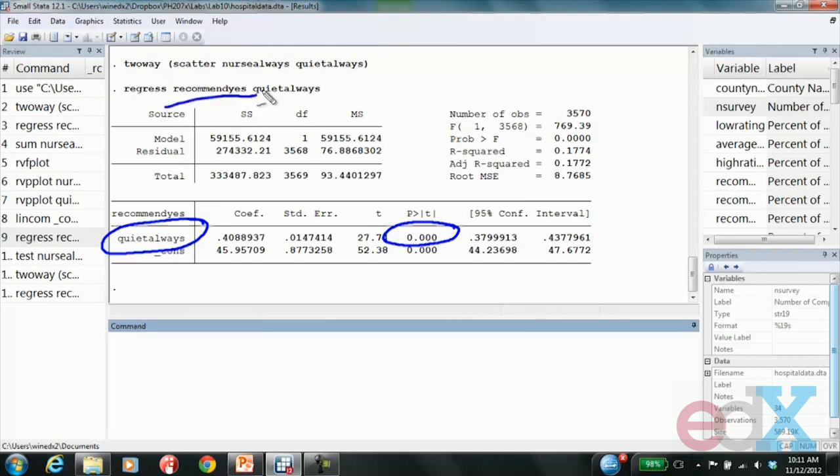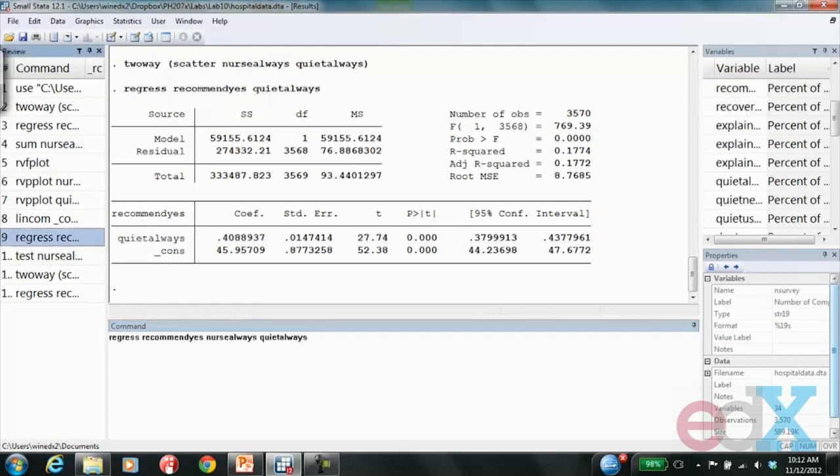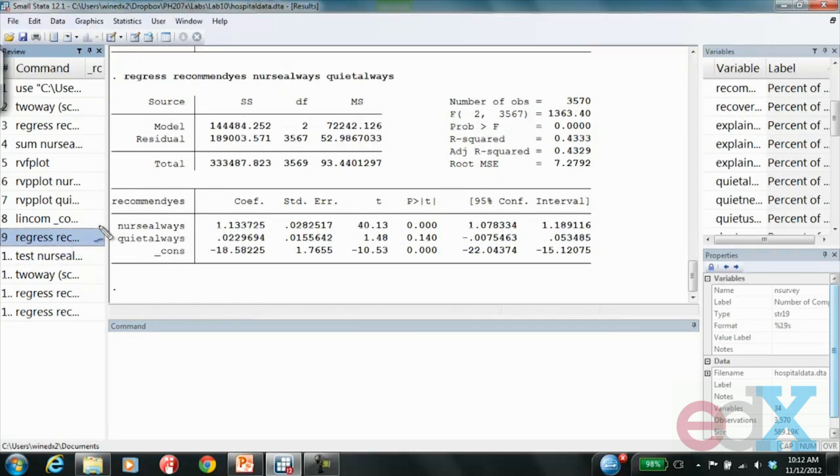So it does appear that when you exclude nurse always from the regression model, quiet always is linearly related to the outcome recommend yes. However, we saw that when you add nurse always into the regression equation, the coefficient for quiet always is now much smaller, and when we did the hypothesis test, we saw that once you condition on nurse always, there's no evidence of a linear relationship between quiet always and the outcome.